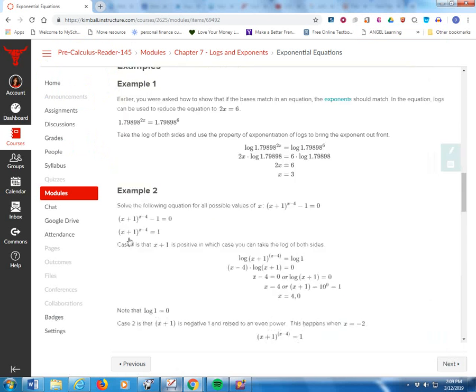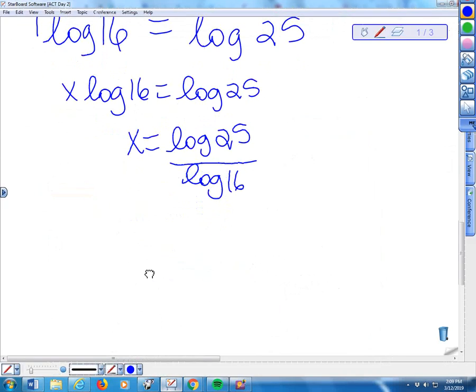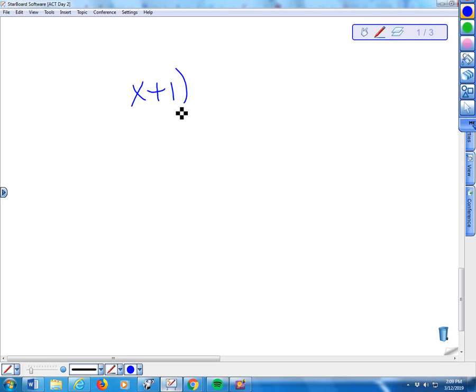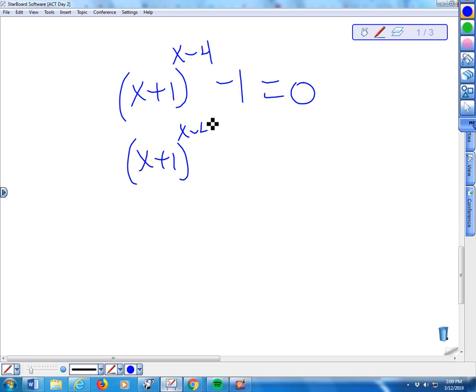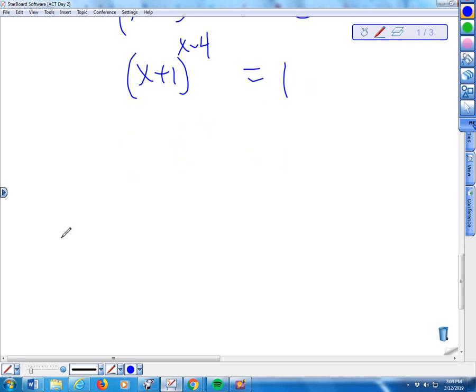Let's do another. x plus 1 raised to the x minus 4 minus 1. I'm solving for x here. So first thing I'm going to do is move the 1 over. And now I'm going to take the log of both sides.